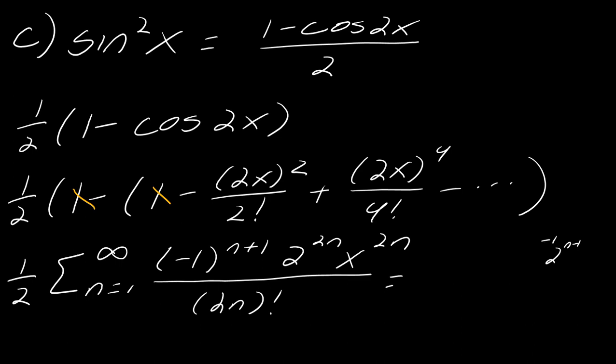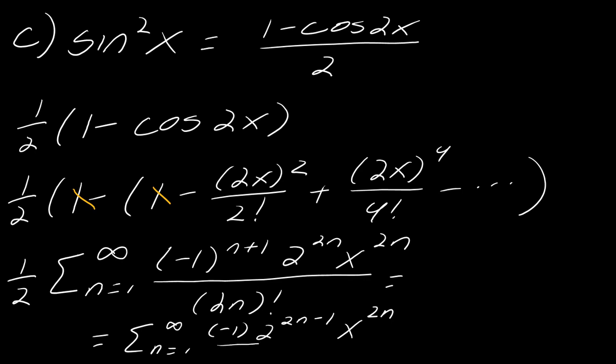Or actually, I'm running out of space here, I'll try to write it here. All right, n equals 1 to infinity, -1 to the n plus 1, 2 to the 2n minus 1, right? So I can cancel out this 2 here by subtracting 1. And then x to the 2n over 2n factorial.